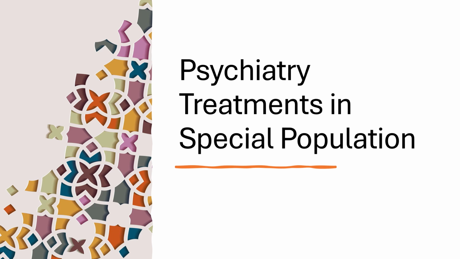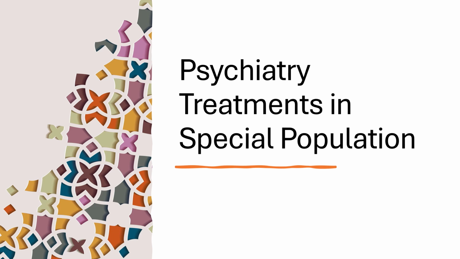Today we are going to do a very interesting topic, psychiatric treatments in special populations. We see a variety of patients, and we can't treat all of them the same way. If a patient comes and tells you that she is 2 months pregnant, will you give her the same medication?